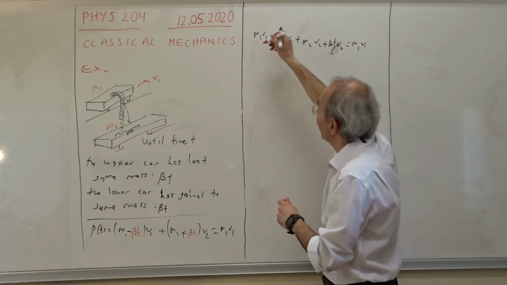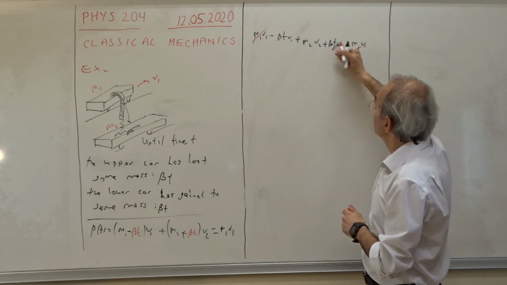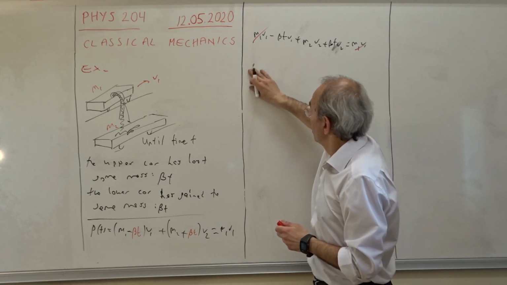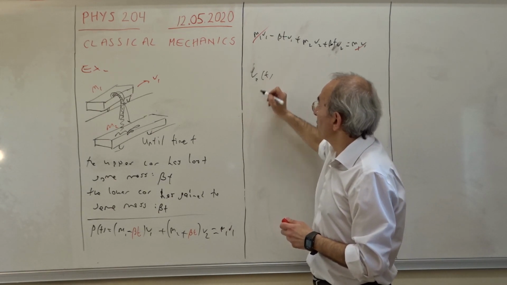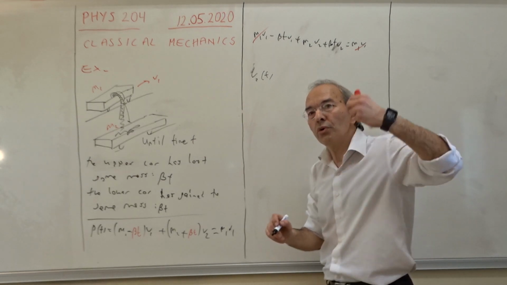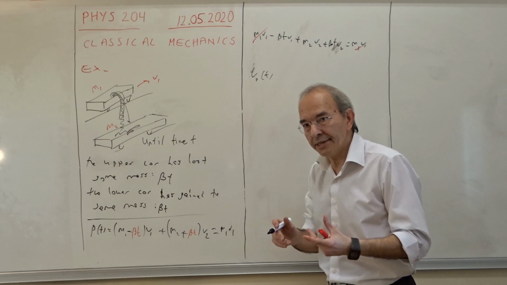So m1 v1 must be cancelled, and we are interested in this v2 at time t, because v2 is also continuously changing as new sand particles are falling into it.